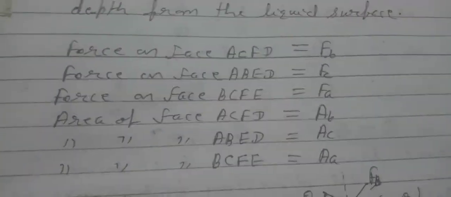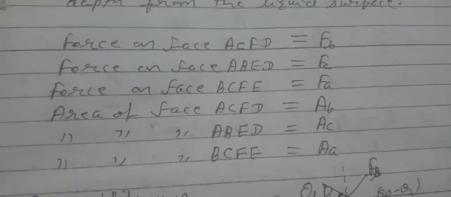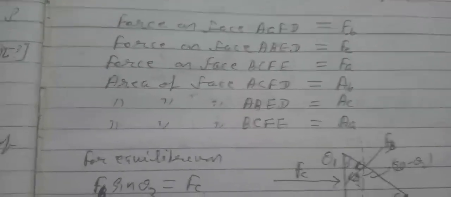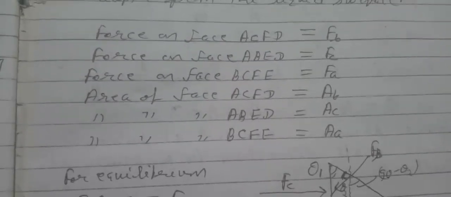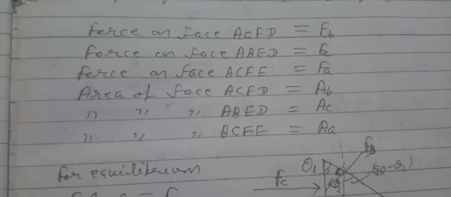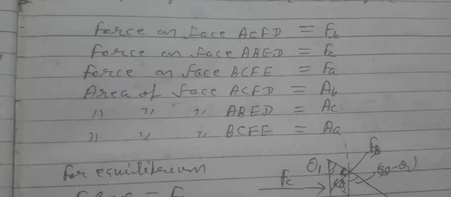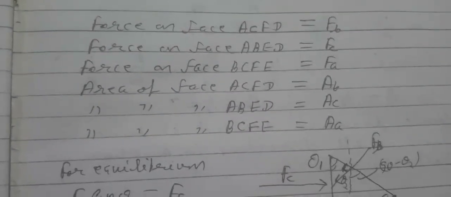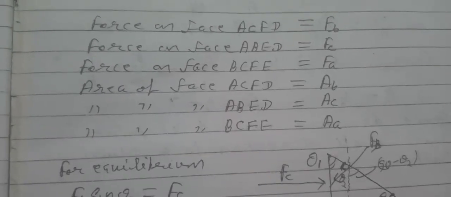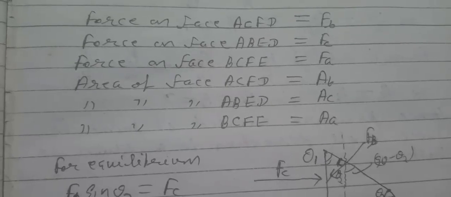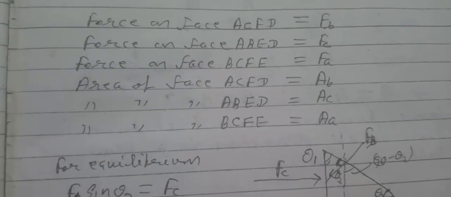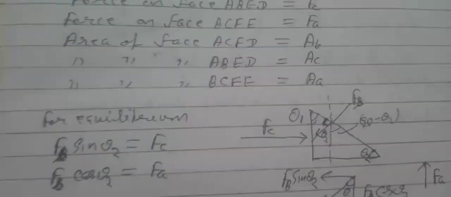In the figure, force on face ACFD is FB. Force on the face ABED equals FC, and force on the face BCFE equals FA. Area of face ACFD equals AB, area of face ABED equals AC, and area of face BCEF equals AA.